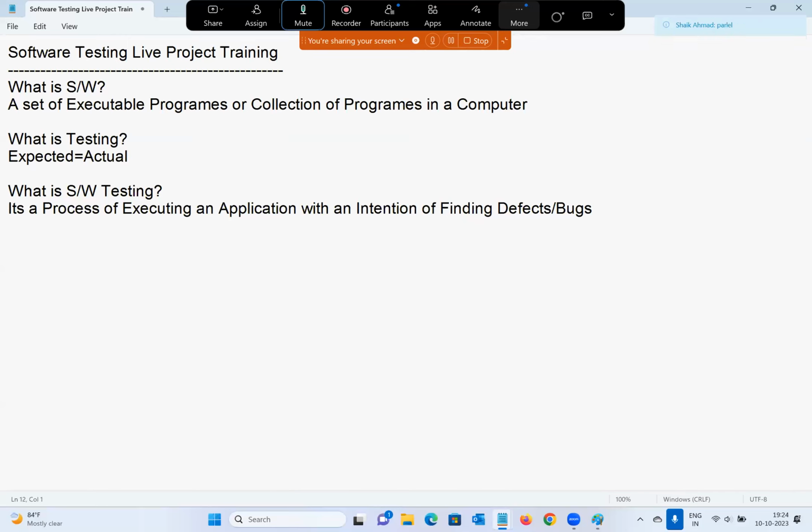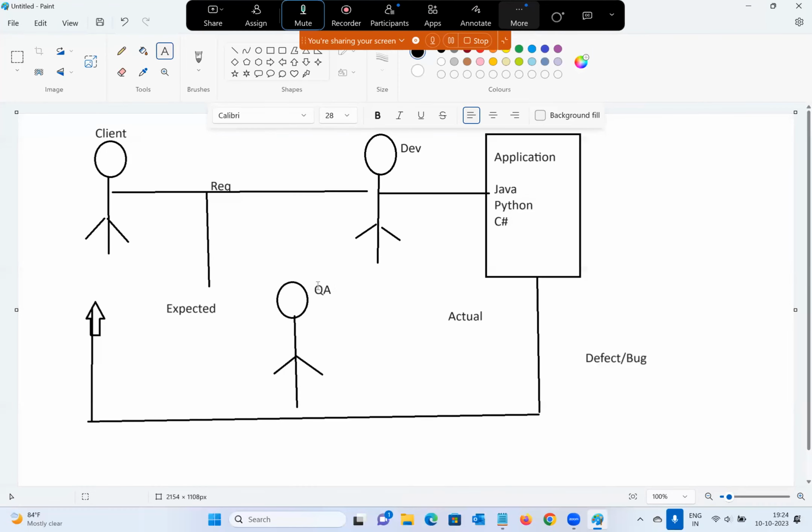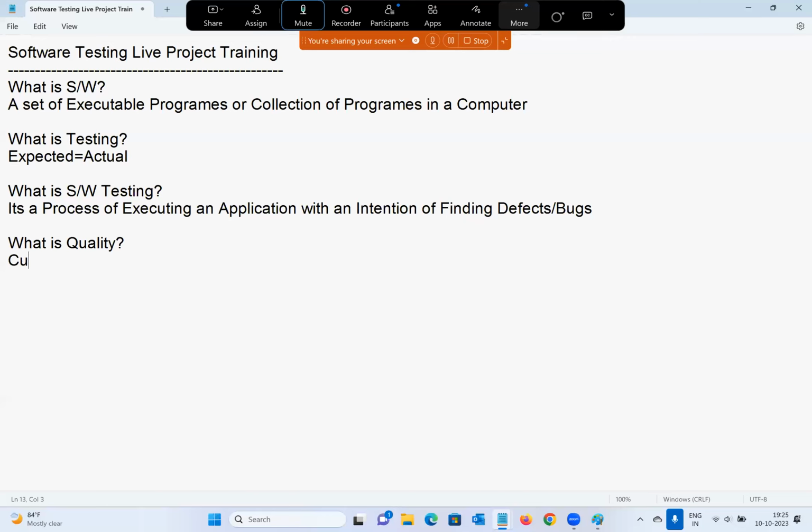Next, what is quality? The testing engineer's designation is also called QA, quality analyst. What is meant by quality?